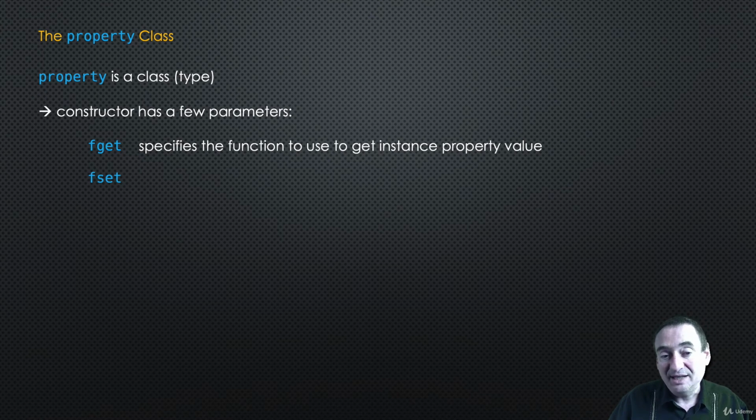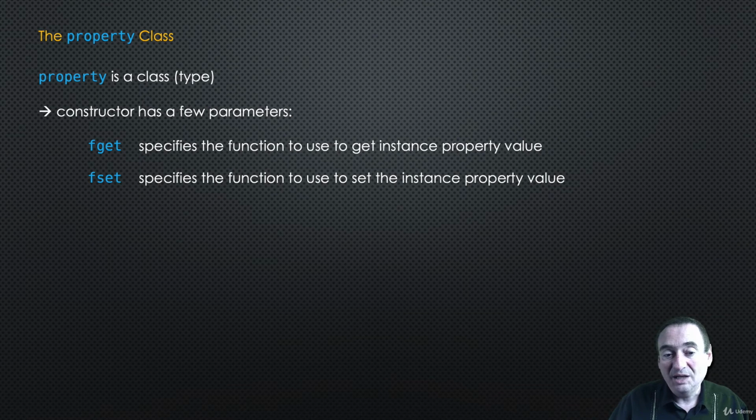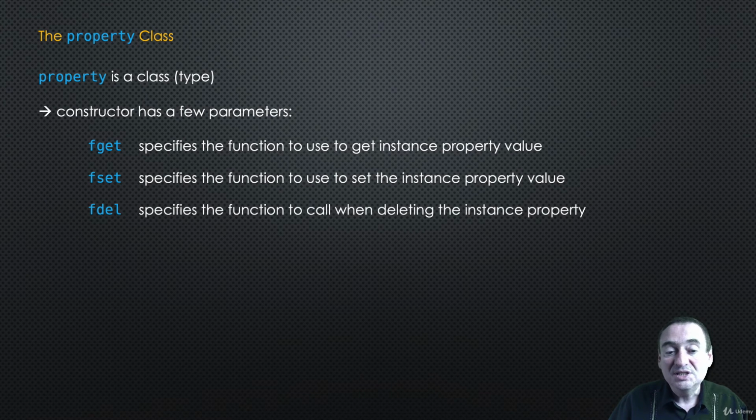Then we have fset, which specifies the function in the class to use to set the instance property value. We also have the fdel, which is the function that we're going to use when we want to delete the instance property. Just like we can delete an attribute from a class, we can also delete a property from a class instance, right?